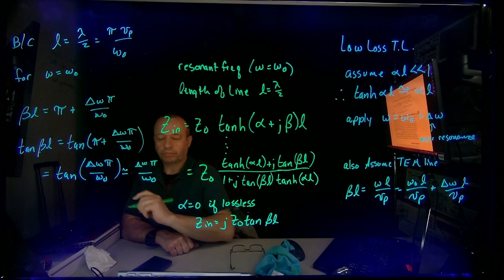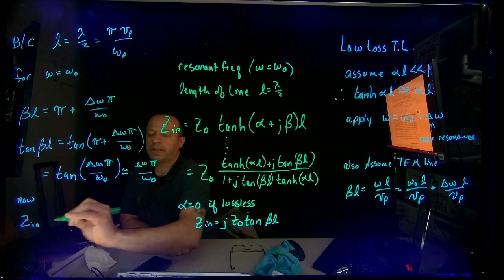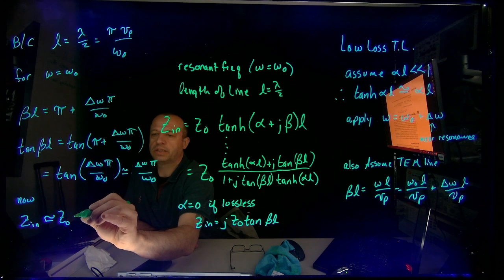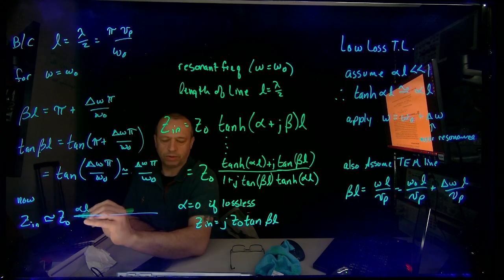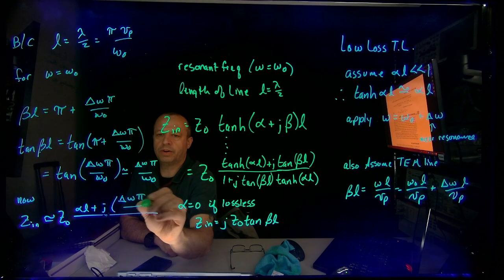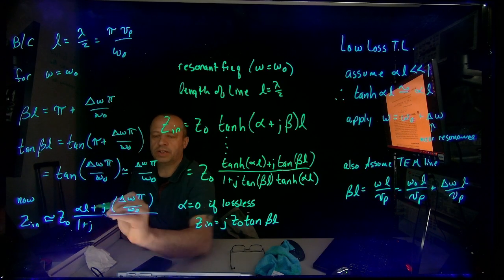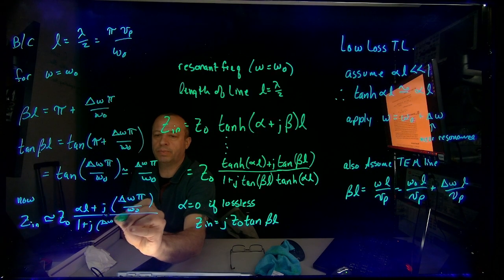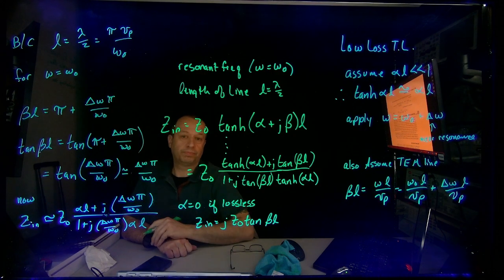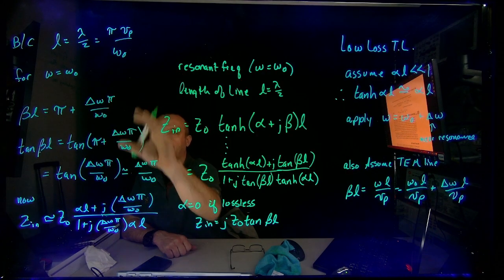This workaround gives us a new input impedance, I'm sorry, not characteristic, input impedance, which is approximately equal to the characteristic impedance times this alpha L term plus J delta omega pi over omega naught, and then in the denominator, 1 plus J times delta omega pi over omega naught times alpha L. So this is streamlining all of this and narrowing the focus down.